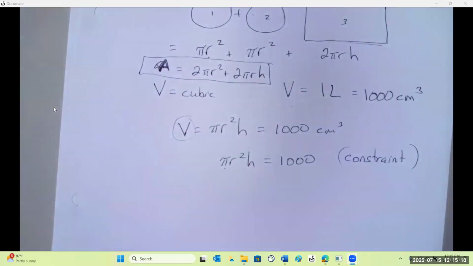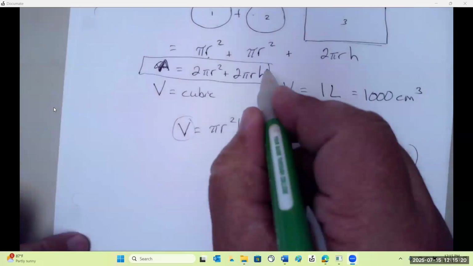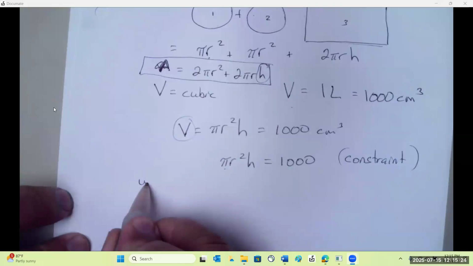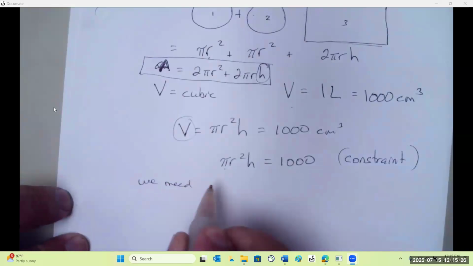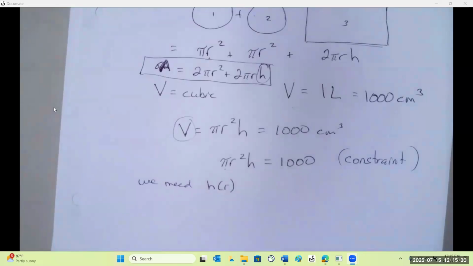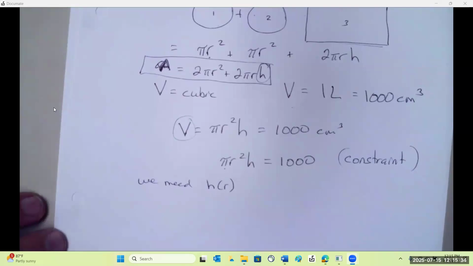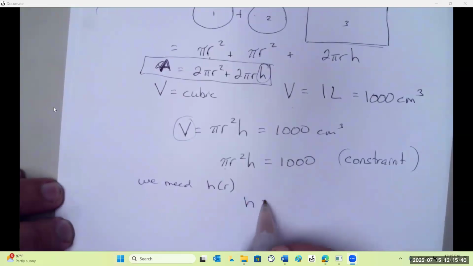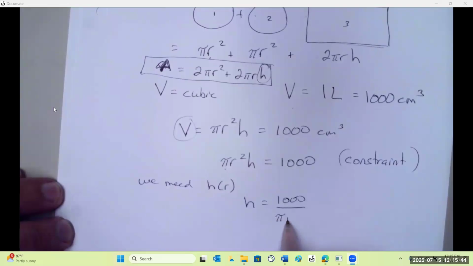So what we have to do is write h as a function of r, because we can only have functions of r here. So working with this, we have h is equal to 1000 divided by pi r squared.